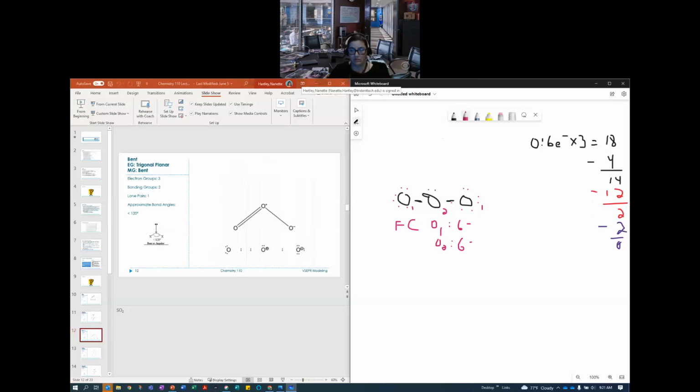For the ones on the outside, I subtract half of the 2 that are in the bond, minus the 6 non-bonding, and that gives each one of those a -1. If I look at the one in the center, on the other hand, I subtract half of the 4, minus 2. So half of the 4 is 2, minus 2, and that gives me a plus 2.